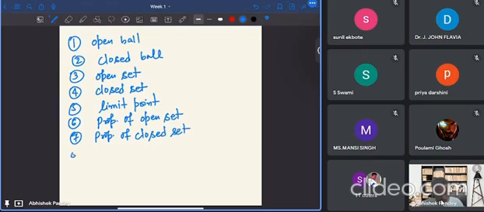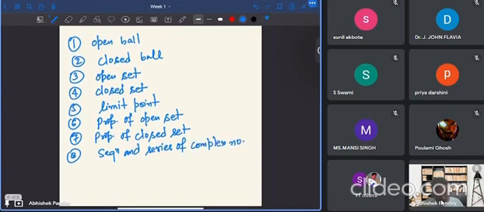Then sequences. Sequences are very important when studying topology, because the way a sequence converges in a space describes the topology of that space. Then series of complex numbers and algebra of it. By that I mean that if zn tends to a and wn tends to b, then zn plus wn tends to a plus b, those kinds of things.